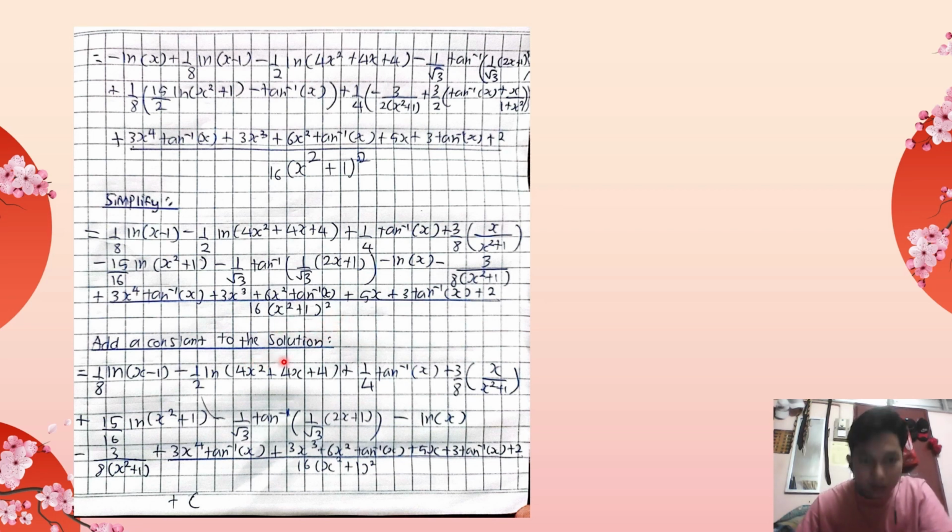And then we can now add the constant to the solution, plus c.